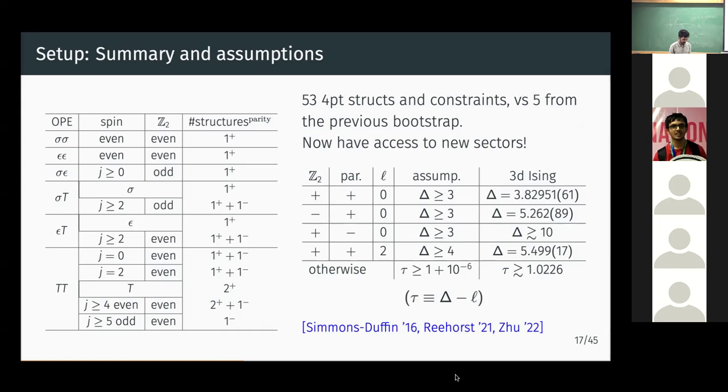Maybe the way I would put it is that if you just have d mu phi and epsilon mu lambda, this is not suddenly a parity odd operator.